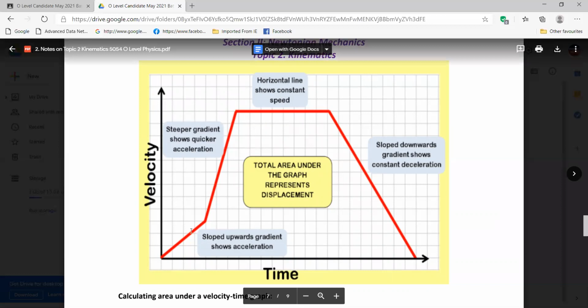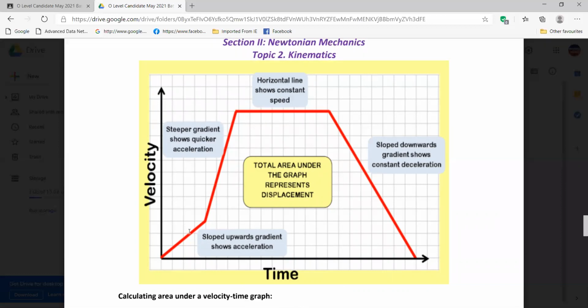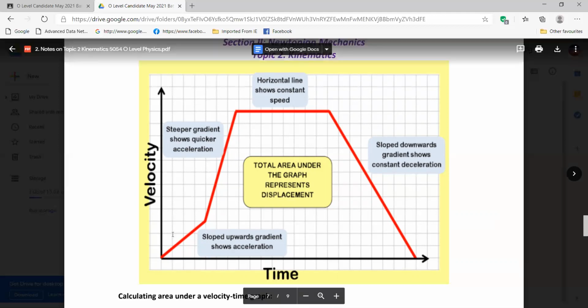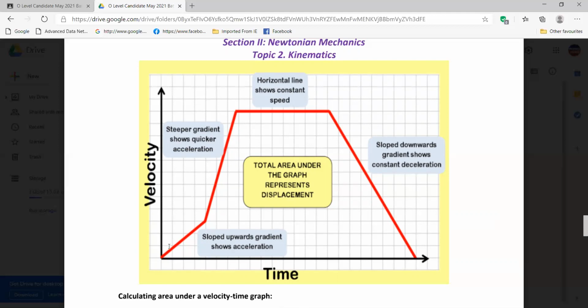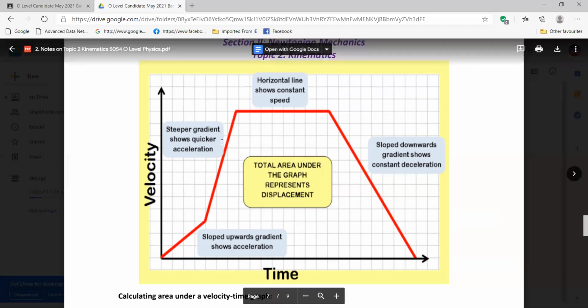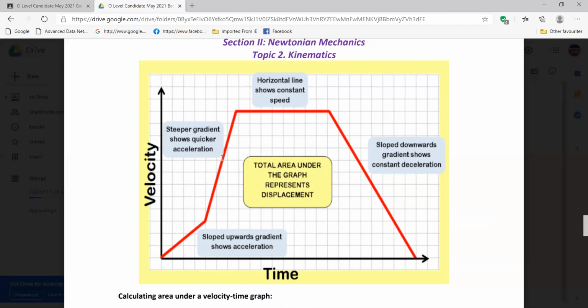Here we got another point. Previously for the distance time graph, we got that if the line is more steeper, then that is greater constant speed, right? Here we got a velocity time graph. This one is less steeper, and next to this one, it is greater, more steeper.